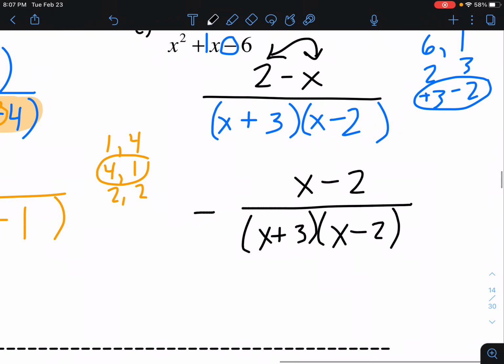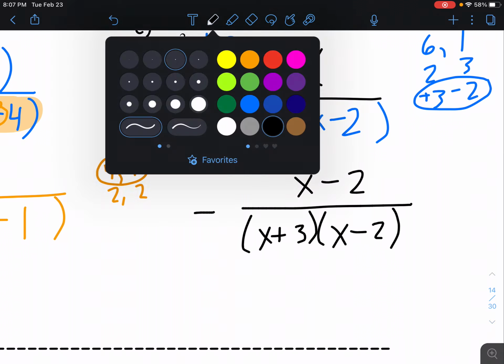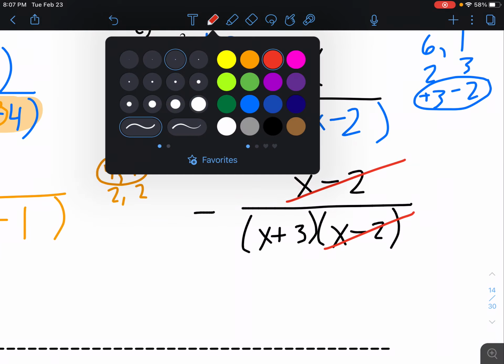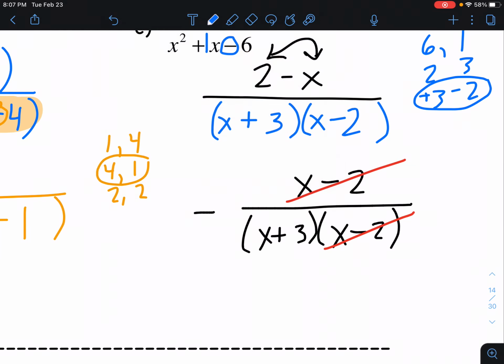Now you can notice that the x minus 2's are identical binomials, so now we can cross them out. So let's write our answer. Bring down your negative. You have x plus 3 on the bottom.